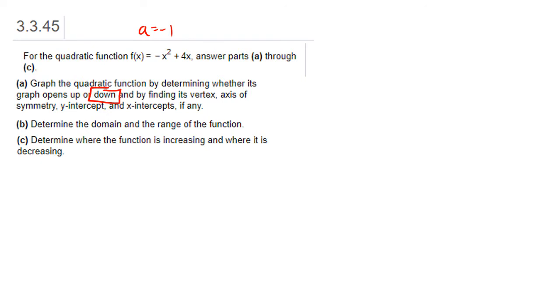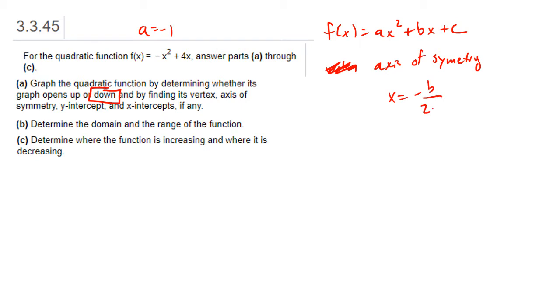Now, if we have a function which is a parabola in standard form, the axis of symmetry will be x equals negative b over 2a, and the vertex has to go through that for its x-coordinate.